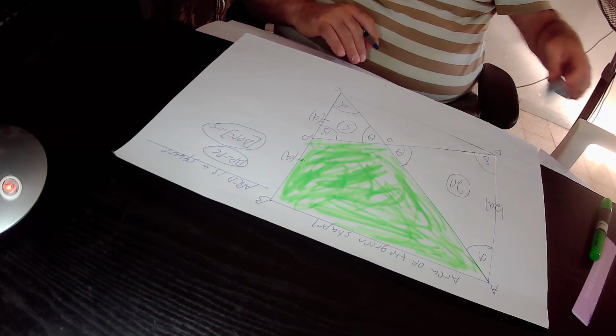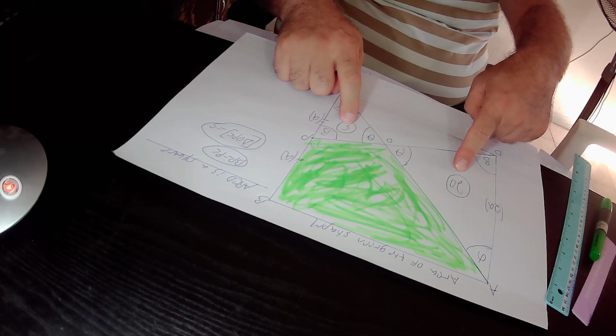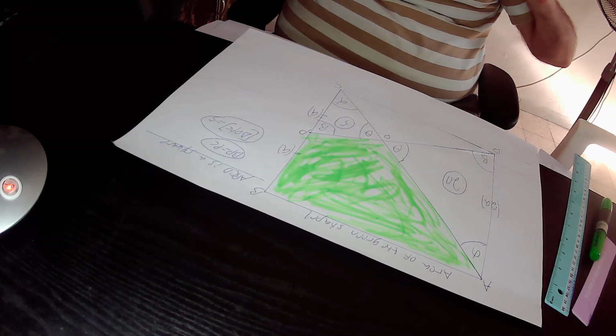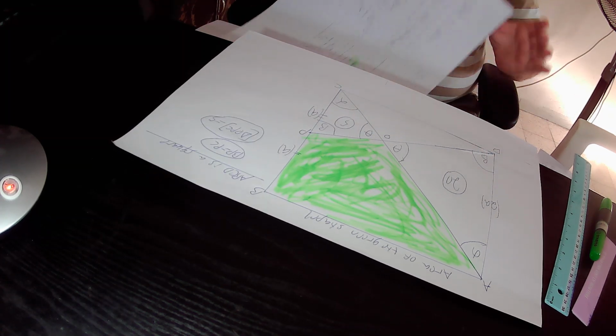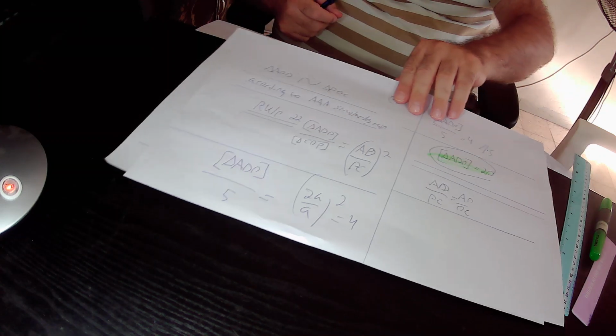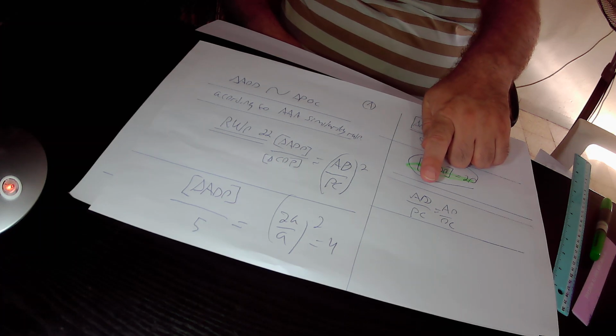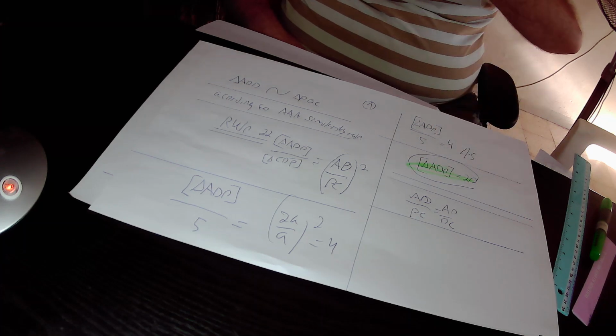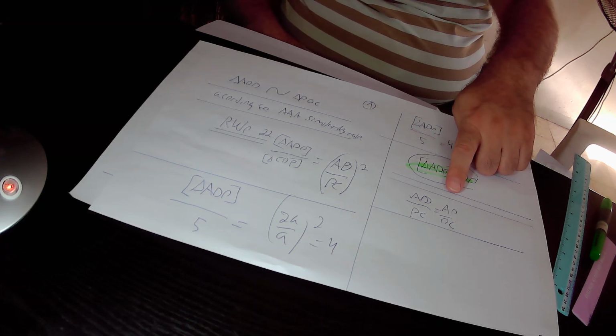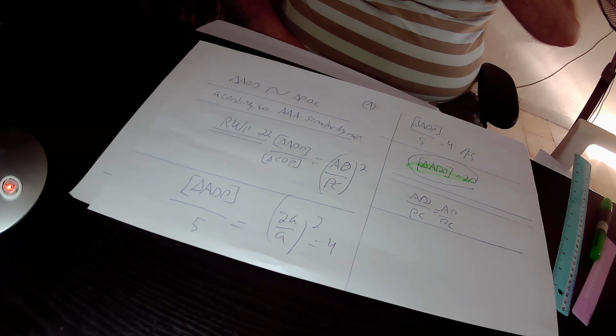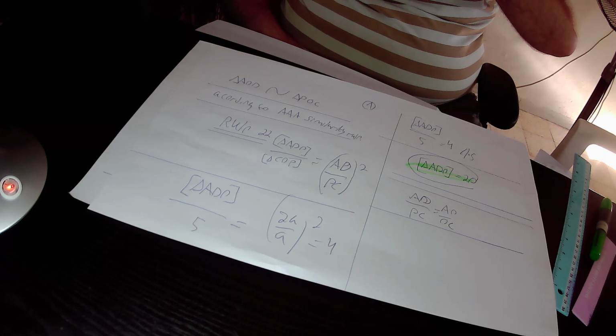So I repeat again, because those two triangles are similar to each other, side AD of the big triangle ADO over side PC of the small triangle POC is equal to side AO of the big triangle AOD over side OC of the small triangle POC.